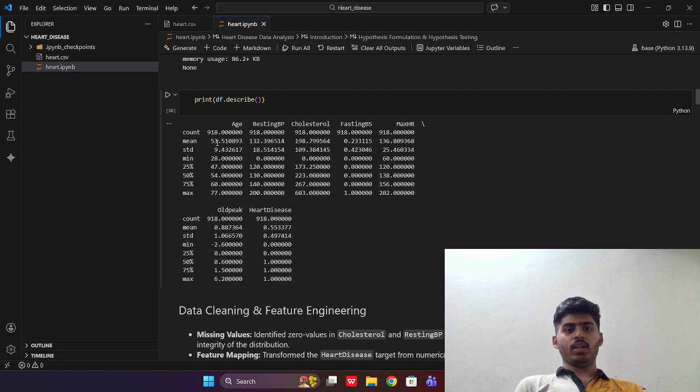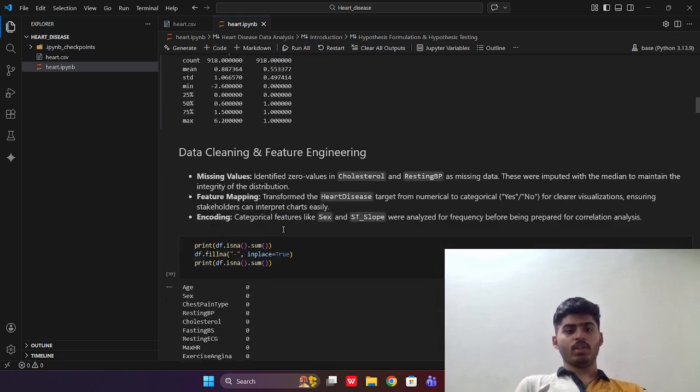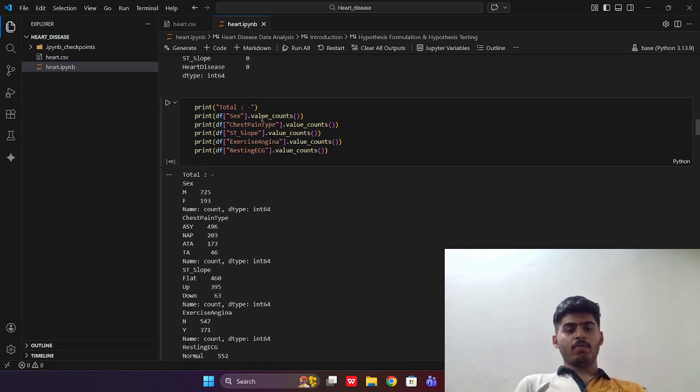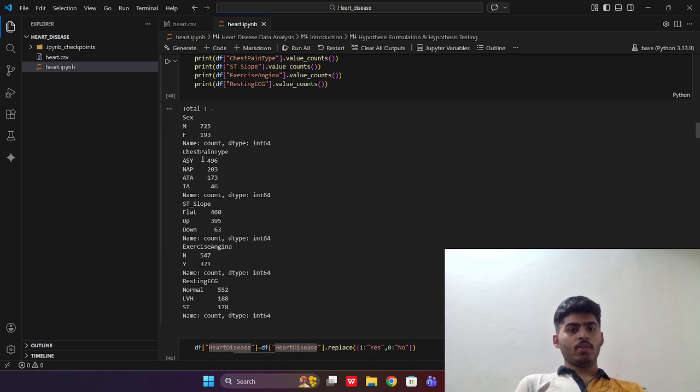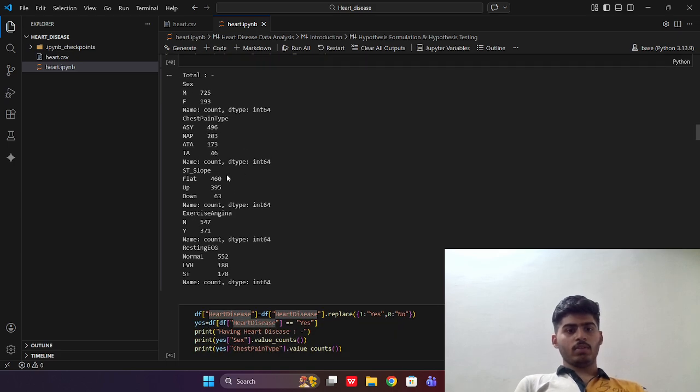For example, the mean age was 53, the minimum age was 28, which means the minimum age of the people who were admitted as heart disease patients was 28, and the average resting BP was 132, average cholesterol was around 198, etc. Now moving ahead, if we find out some basic counts of the dataset, you will find out that 725 were male and 193 were female. 496 people were having ASY type of chest pain, and 460 were having flat ST slope.